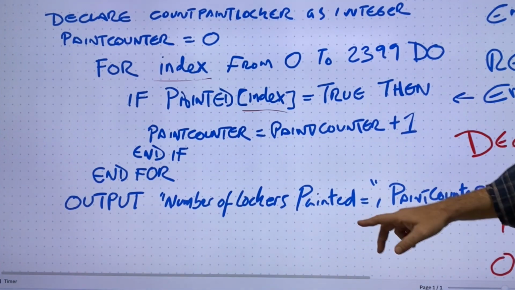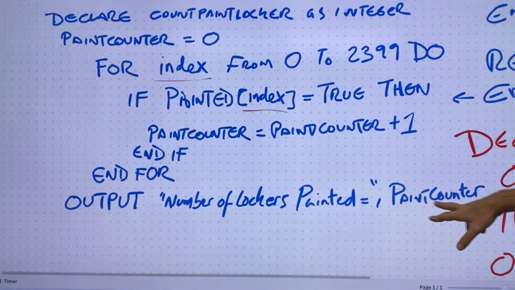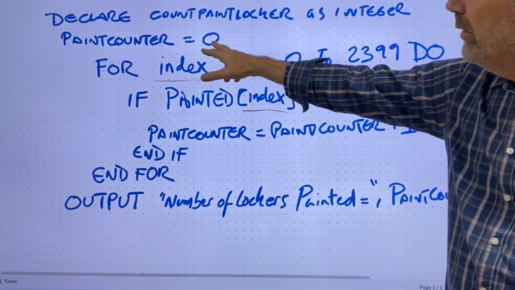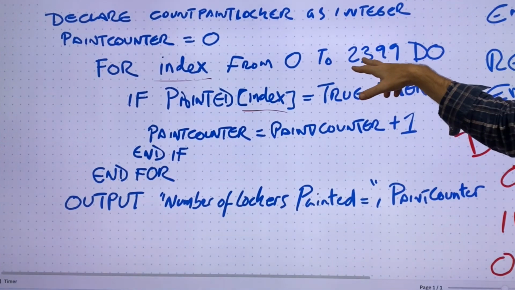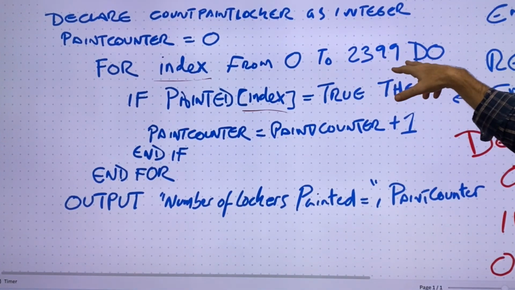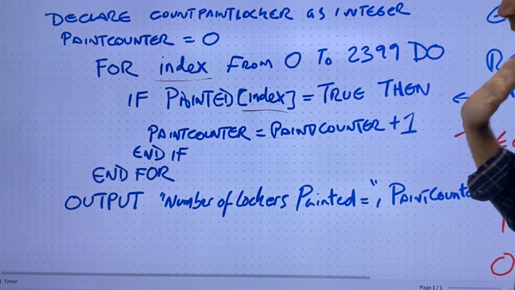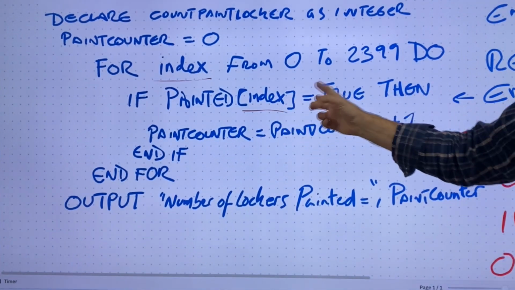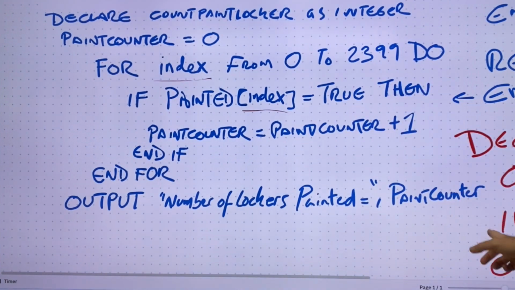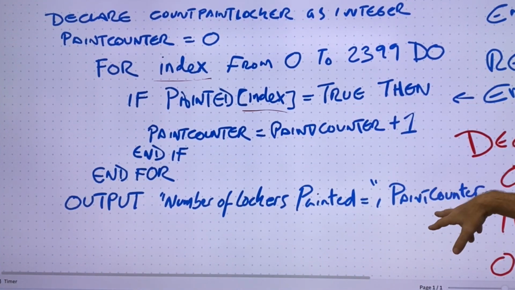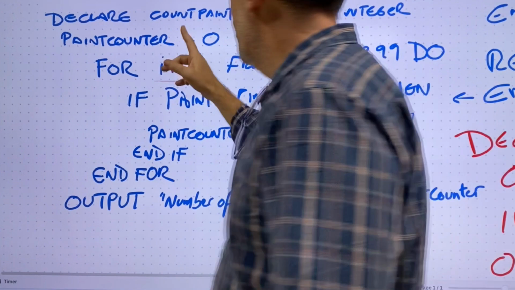Okay, so it should give a little message, and then it should give us whatever number we've got in the paint counter, which at the moment starts at 0. So we loop round from 0 to 2399. We're basically just adding: is the index value true? Is the value true? All the way around, and then pass that into this little message here.